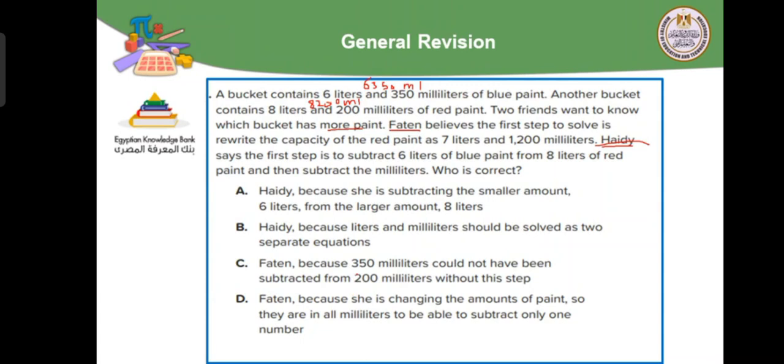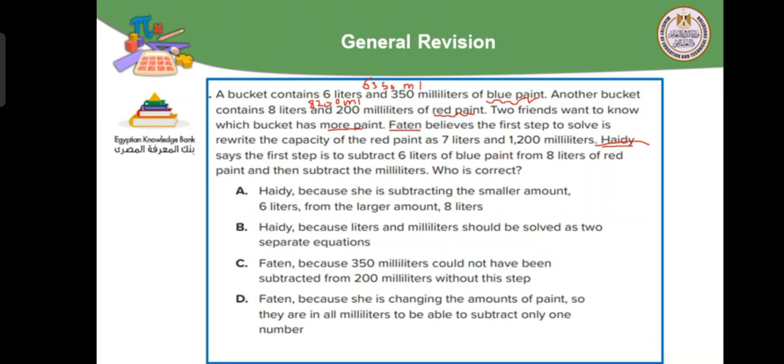Let's begin. Here, 6 liters and 350 milliliters. The second one, 8 liters and 200 milliliters. First one is blue paint. Second one is red paint. Heidi says what? First, subtract 6 of blue from 8 of red.